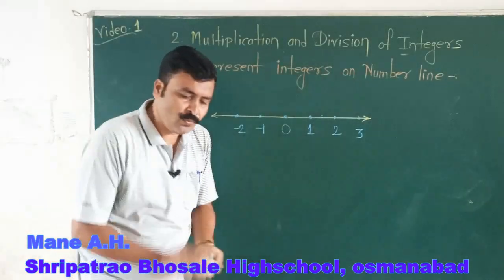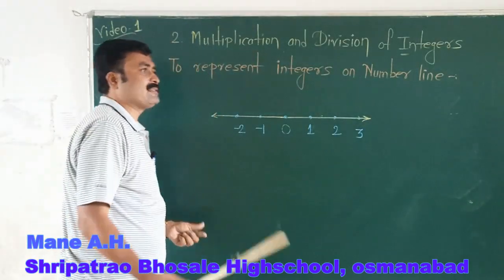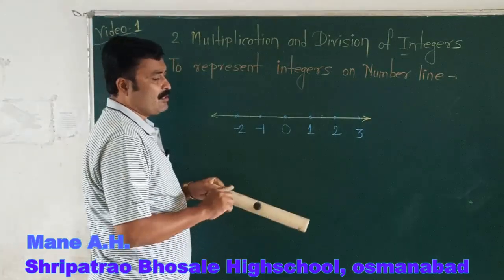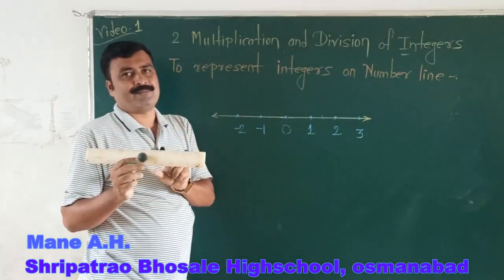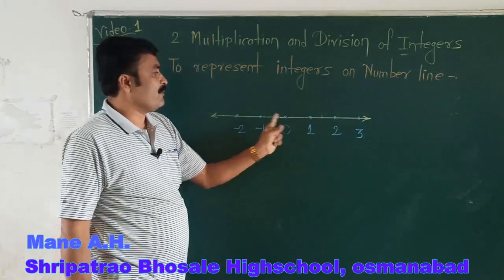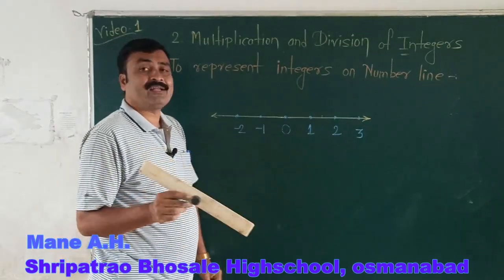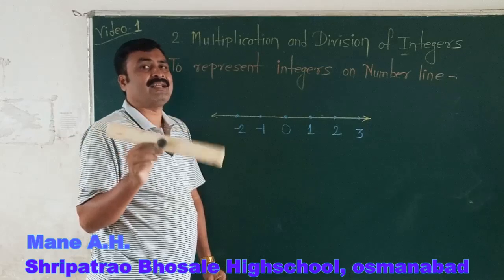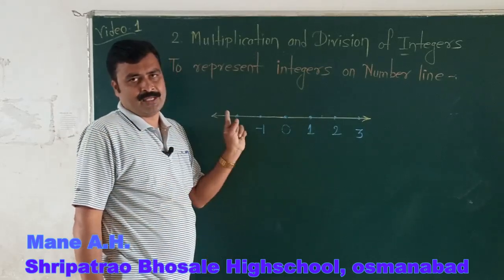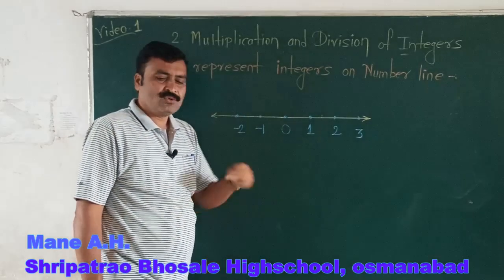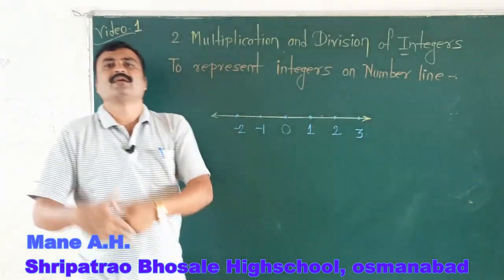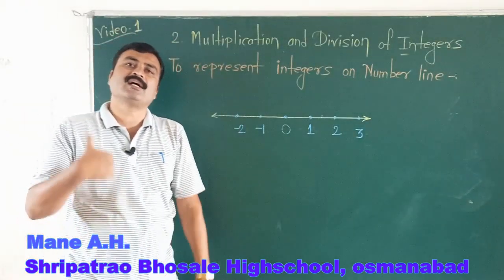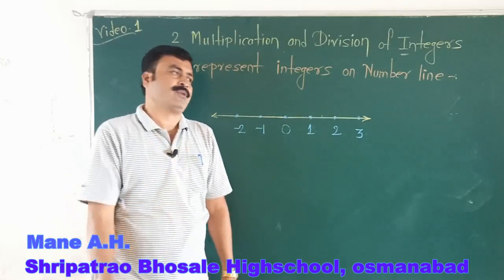So if you want to take the same distance each time, then you can use your scale. हे अंतर तुम्हाला कायम ठेवायचं असेल तर शक्यतो तुम्ही तुमच्या स्केलचा वापर करायचा आहे. हीच कृती तुम्हाला नेक्स्ट रॅशनल, इरॅशनल किंवा रियल नंबर्समध्ये सुद्धा वापरायची आहे, लक्षात ठेवा.